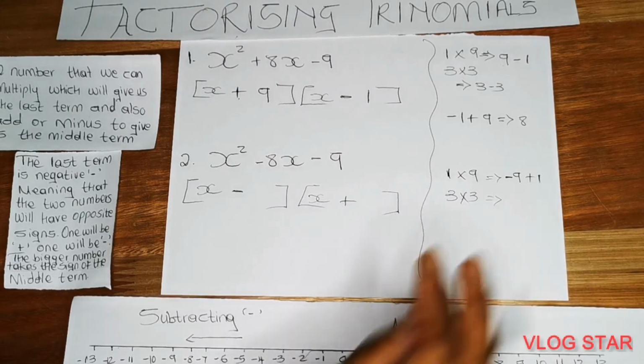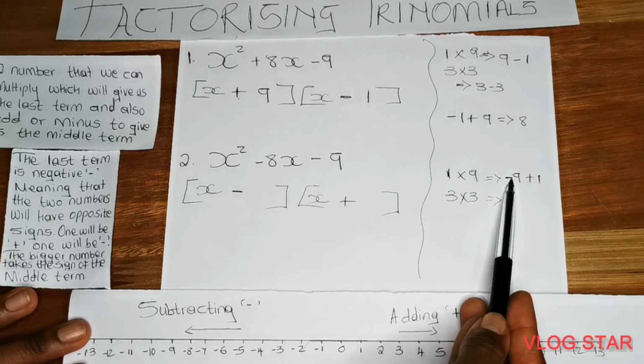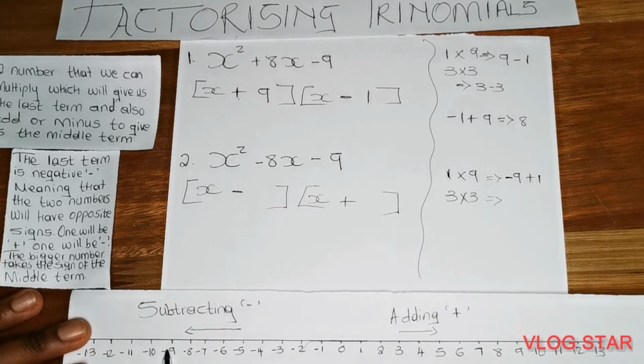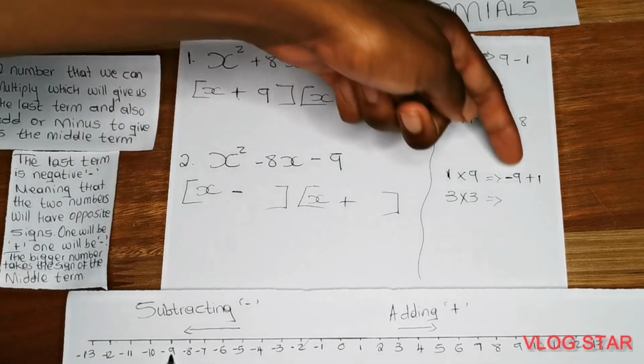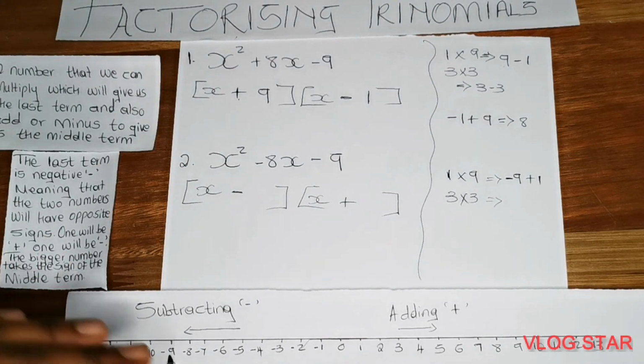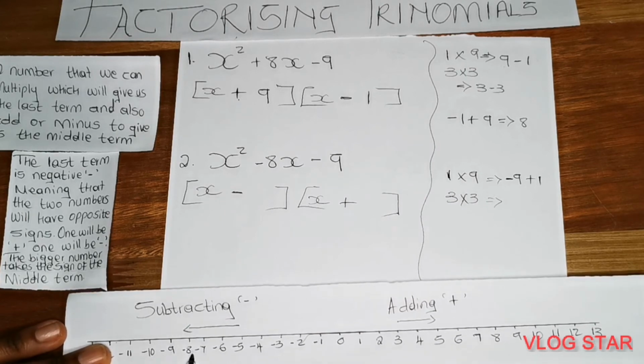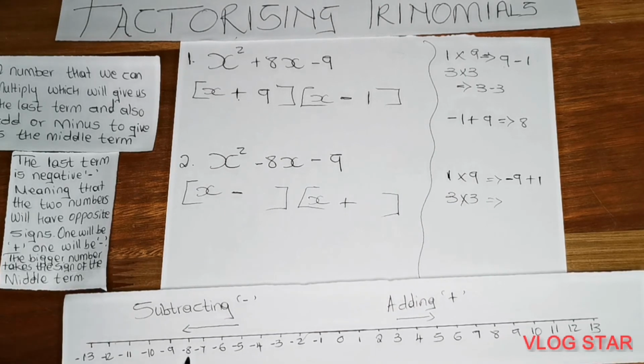And then we're going to go to our number line, and then we're going to move from negative 9. Here's negative 9. How many times are we moving? We're moving once. And which direction? To the right side, because we are adding, meaning that it's going to bring us to negative 8.